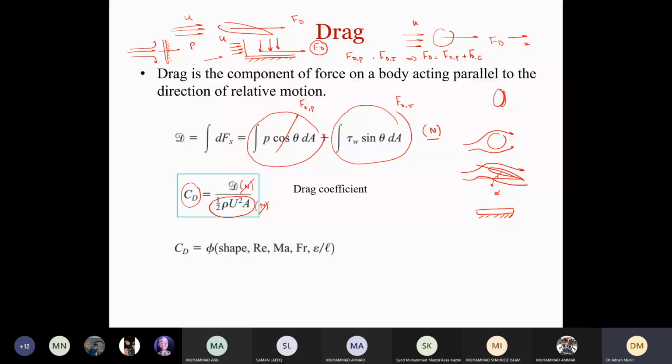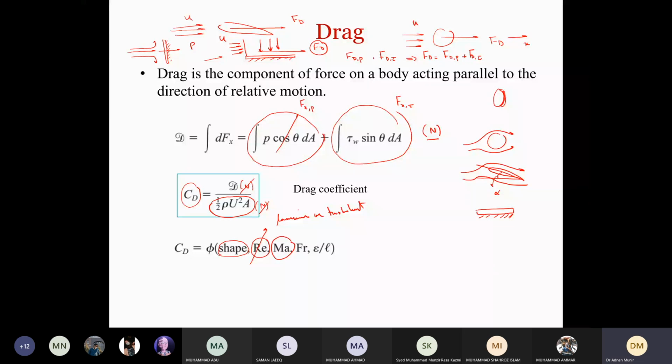Some of the parameters that it depends on is the shape. Then CD is also a function of Reynolds number. Reynolds number determines whether the flow is laminar or turbulent or transitioning, right? CD is also a function of Mach number. Now, you might have heard of Mach number.